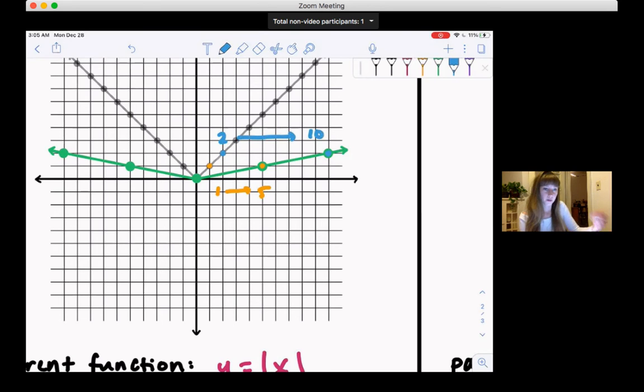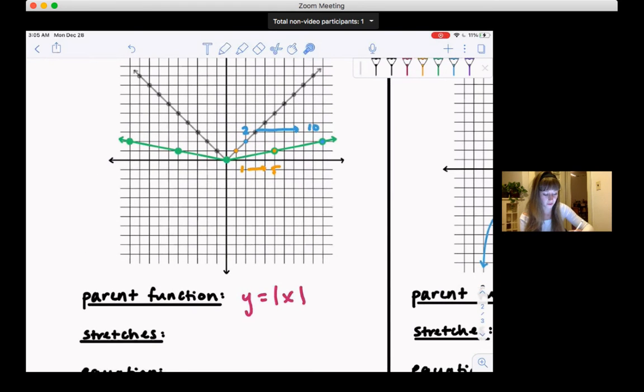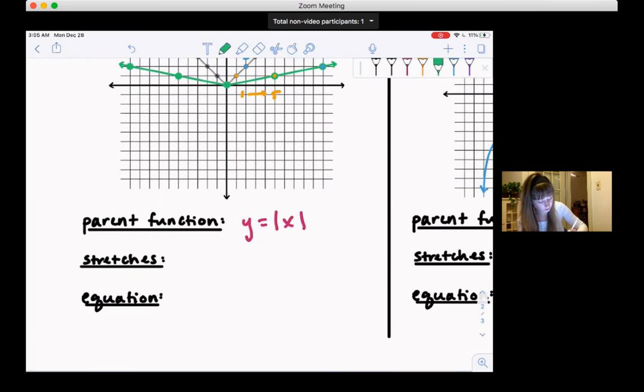So it looks like we're multiplying horizontally by 5. So I took the x values and I multiplied them by 5, right? 1 times 5 is 5, 2 times 5 is 10. So our stretch is horizontal by 5.